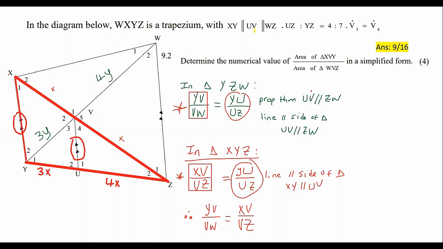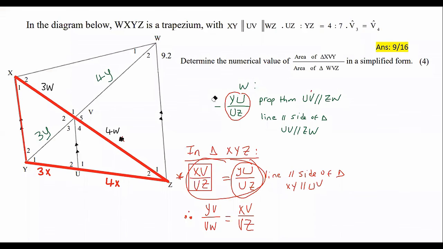By the way, because we've now said this, we can go for YU as a different ratio, just in case we need it. Maybe YV is 3W, and then VZ is 4W, just in case we need it for later, because now we've got all these ratios, so that's fantastic.